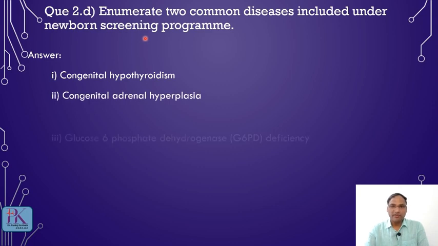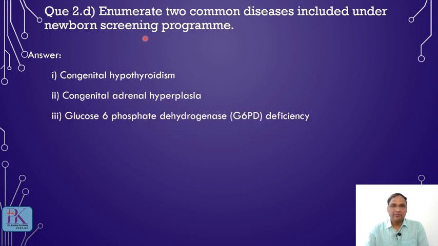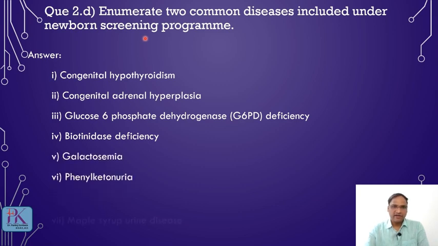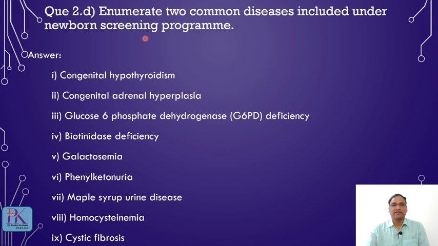congenital adrenal hyperplasia, G6PD deficiency, biotinidase deficiency, galactosemia, phenylketonuria, maple syrup urine disease, homocystinemia, and the last one is cystic fibrosis. The first two are very important: congenital hypothyroidism and congenital adrenal hyperplasia, CAH, you can remember.